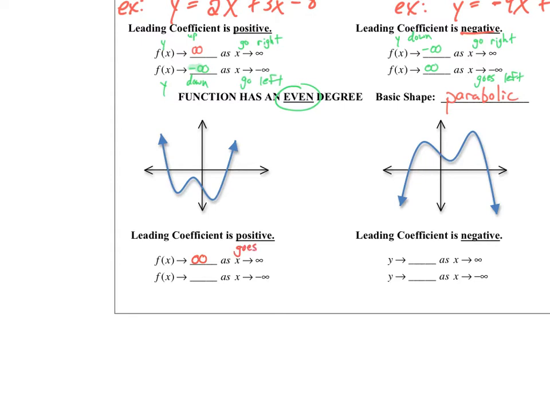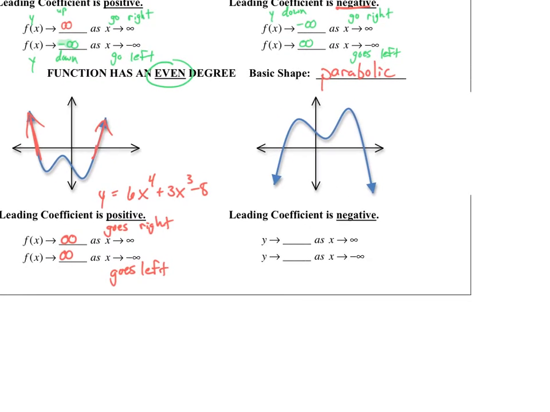That means as x goes to the right, it goes up, and since they go in the same direction, as x goes to the left, it also goes up. One example of this would be y equals positive 6x to the fourth plus 3x to the third minus 8. The leading coefficient is 6 and the degree is 4.